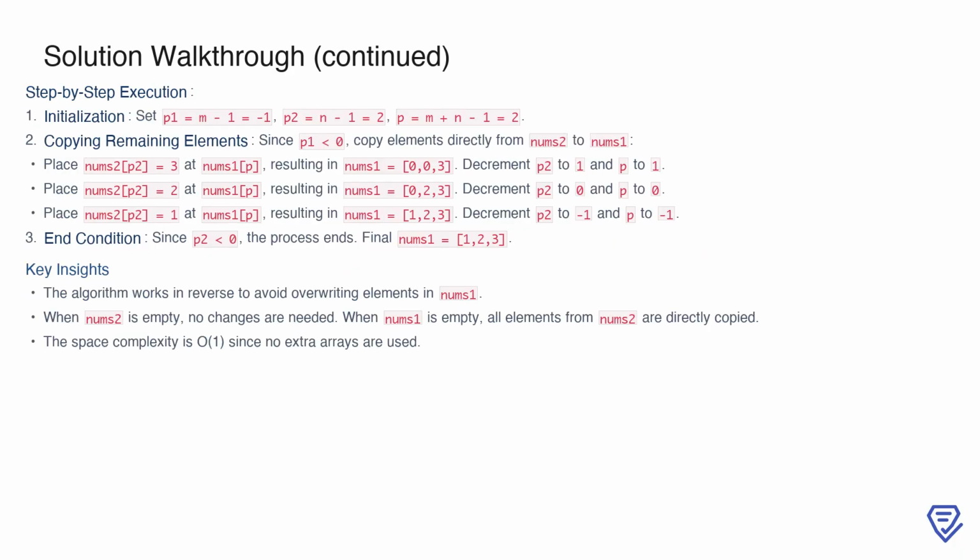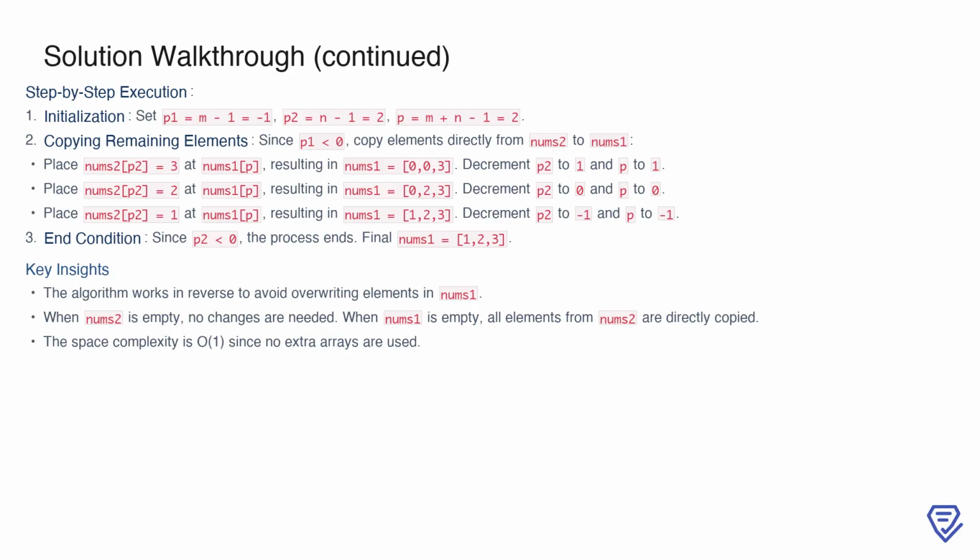In this second edge case, the algorithm begins by initializing the pointers. p1 is set to -1 because there are no valid elements in nums1, p2 starts at 2, pointing to the last element in nums2, and p is set to 2, the last index in nums1. Since p1 is less than 0, we directly copy elements from nums2 to nums1. First, we take nums2[p2], which is 3, and place it at nums1[p], updating nums1 to 003.